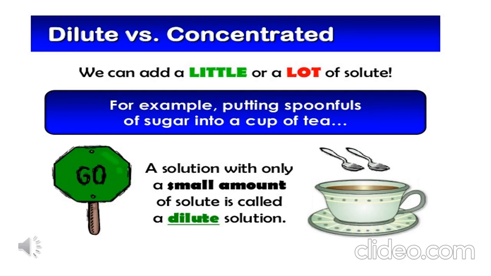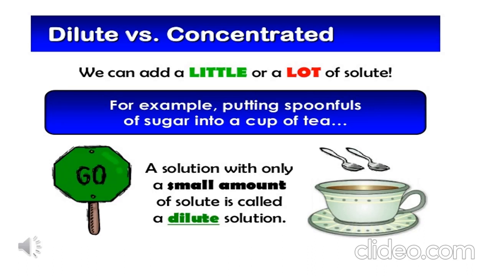The next type of solutions are dilute solutions and concentrated solutions. If the solute amount is very less when compared to the solvent amount, then we can call it a dilute solution. If solute amount is more, then it is called concentrated solution.